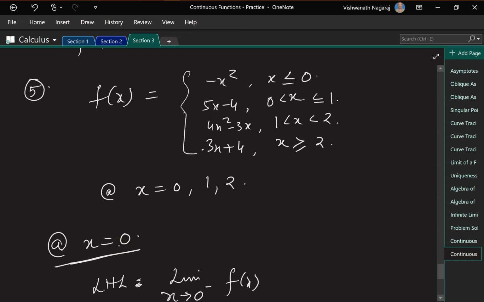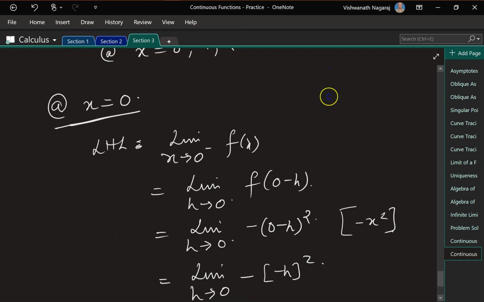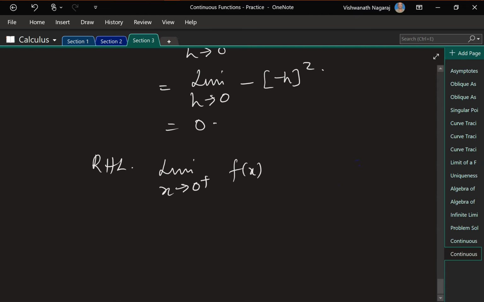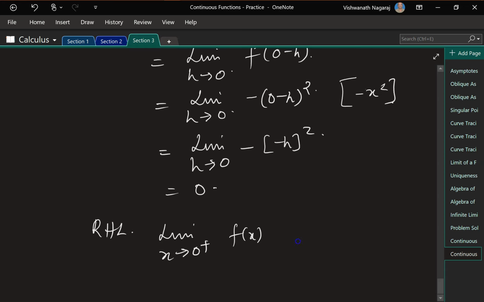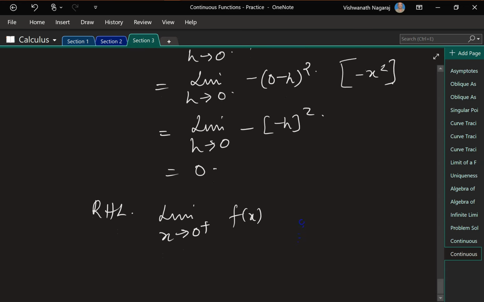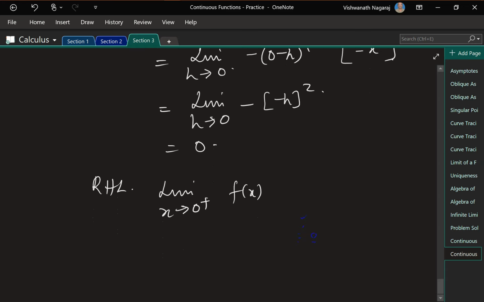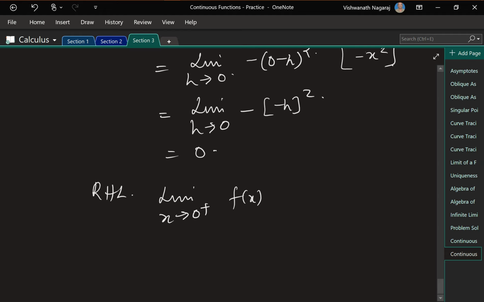That means less than 0. So less than 0 is this. Now we are talking of right hand limit at 0, which means it is going to be greater than 0, right? Since it is going to be greater than 0, we have to look at 5x minus 4.